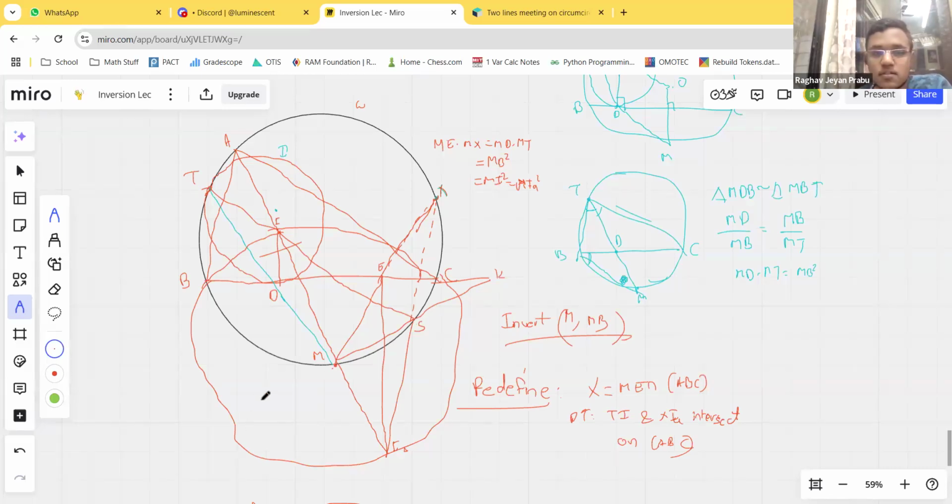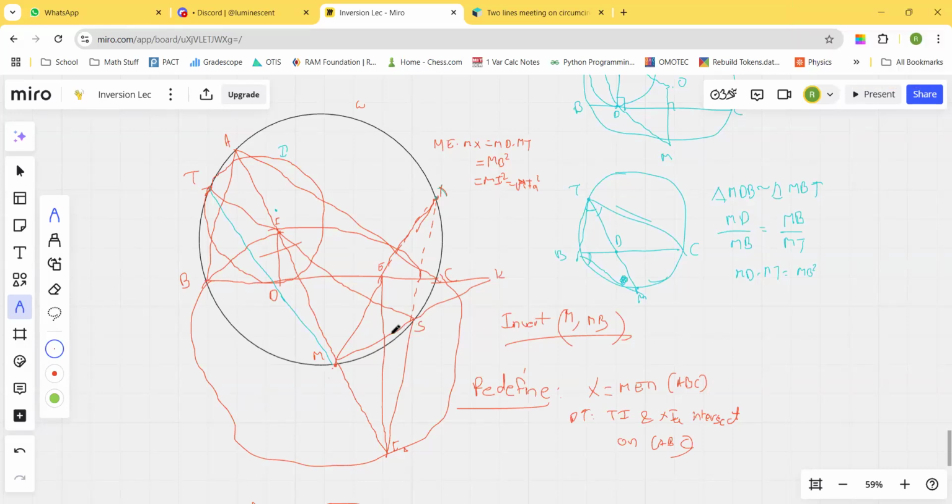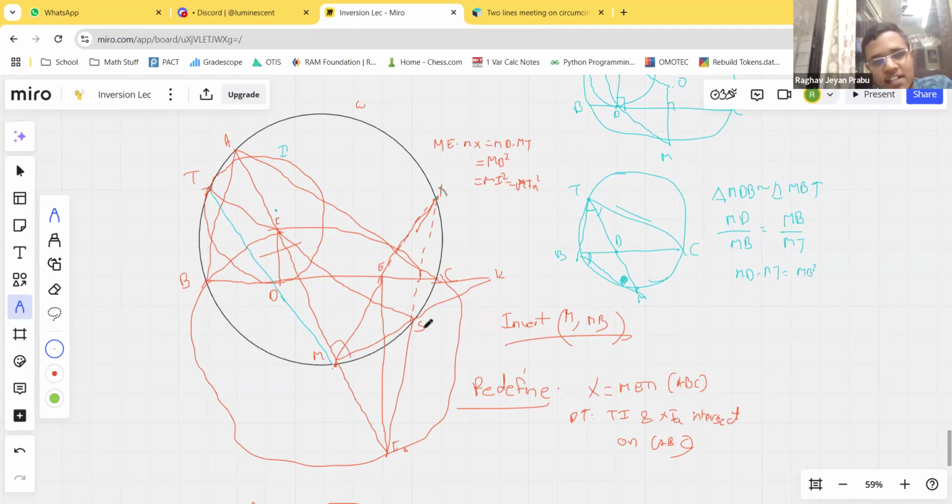Do you understand this? Right. And note that we showed KMA is equal to 90 degrees, which implies that S is the reflection of A in the diameter, which is a pretty cool fact in general.